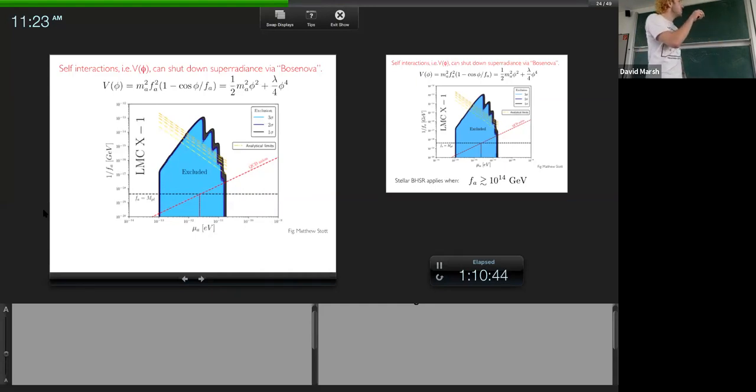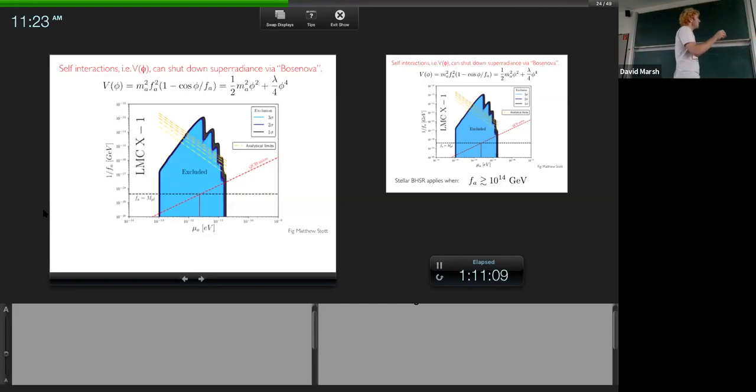Because for the QCD axion, we know the relationship between m and f. We put it on as a line, and the answer is yes, this does exclude the QCD axion. So it excludes the QCD axion with decay constants somewhere near the Planck scale, and masses about 10 to the minus 11, 10 to the minus 13 eV. So this is a constraint on the QCD axion.